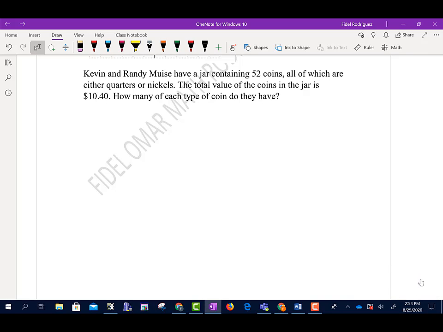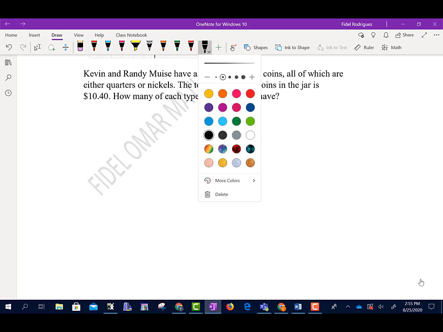All right, so this next problem says, Kevin and Randy have a jar containing 52 coins, all of which are either quarters or nickels. The total value of the coins in the jar is $10.40. How many of each type of coin do they have? Okay, so I'll tell you what, let's do this. We have two different types of coins here, right?